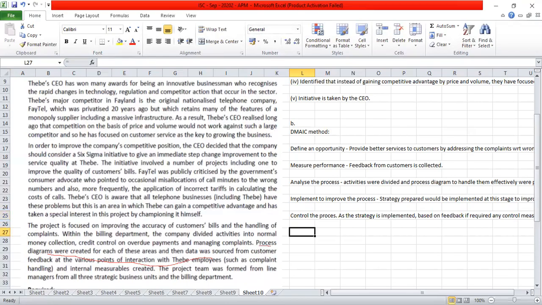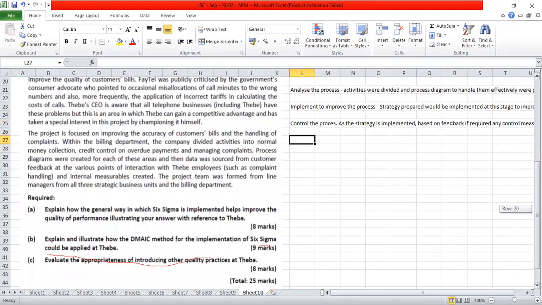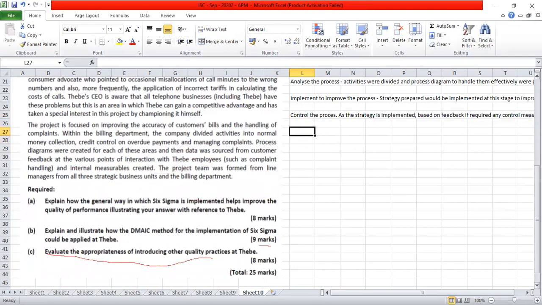So these are the 5 points or 5 steps in DMAIC, and how they can implement that. For each point, you can score around 1.5 to 2 marks.